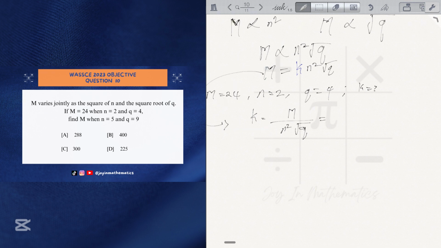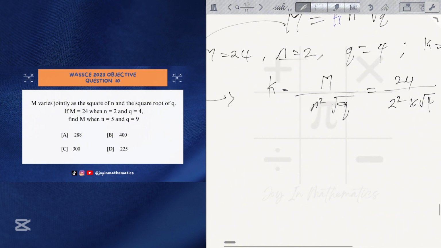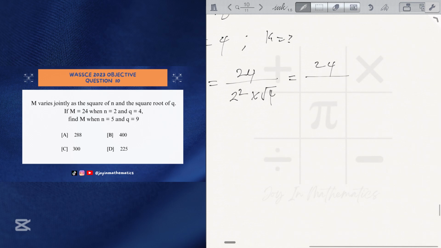So let's make our substitution. m is equal to 24, n is equal to 2, so we have 2 squared, and q is equal to 4, so we have multiplied by root 4. This results in 24 divided by 2 squared, which is 4, and root 4 is equal to 2.